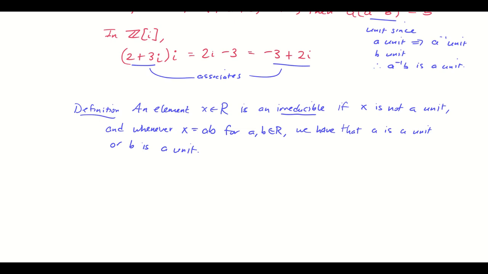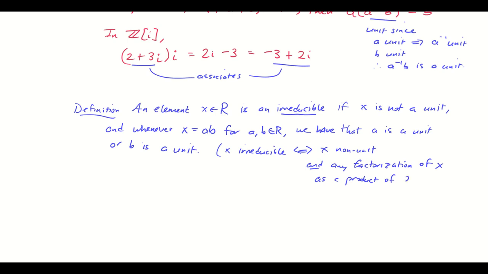Written in plainer language, to say that x is irreducible means, first of all, x is a non-unit, and any factorization of x as a product of two elements involves a unit. Which is kind of like the definition of prime that you encountered in grade school.